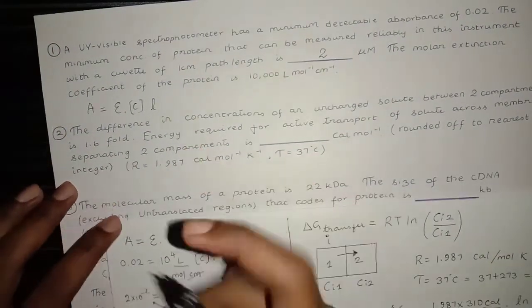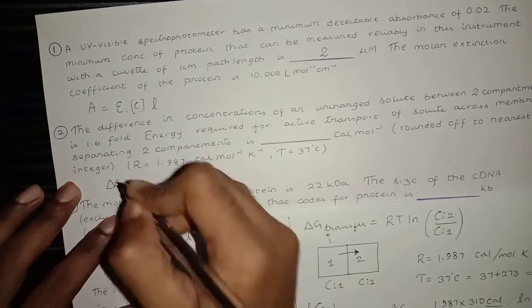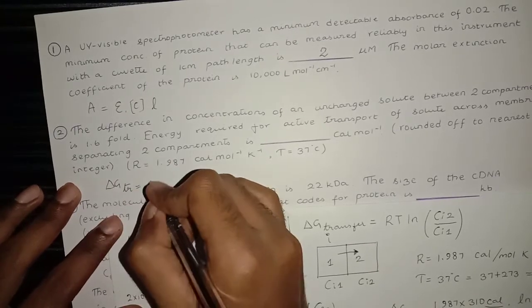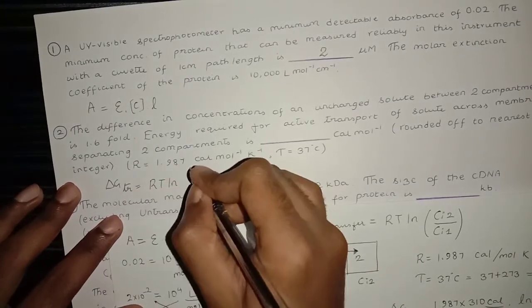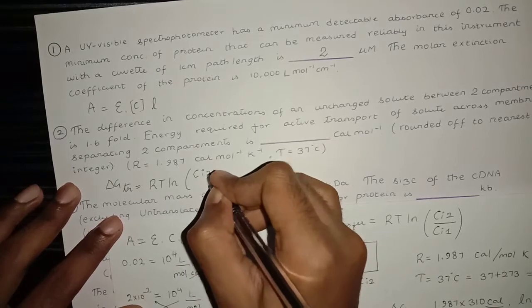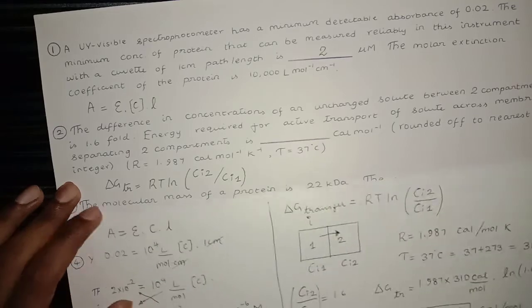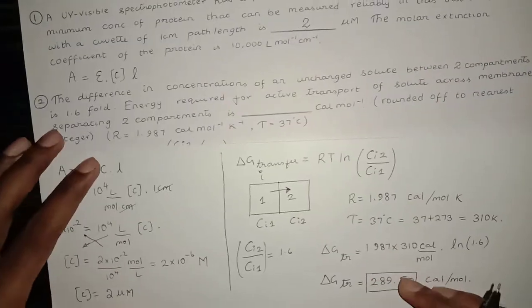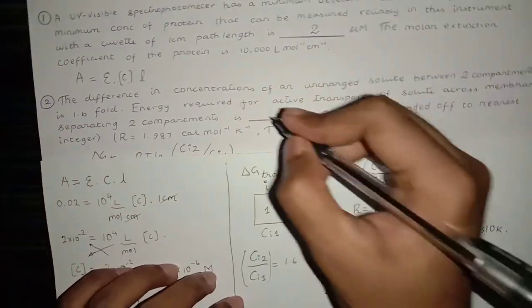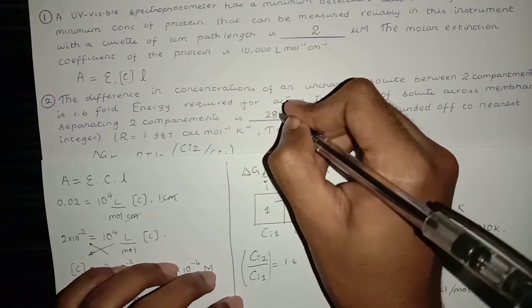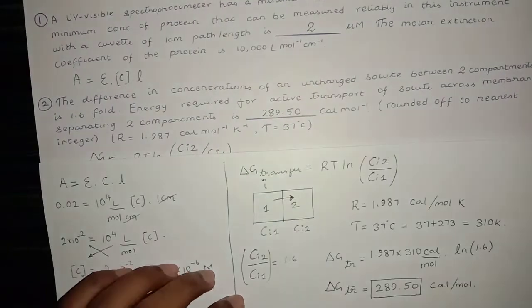And for the second problem we use the formula delta G transfer, which is equal to RT ln concentration of the solute in compartment 2 over the concentration of solute in compartment 1, and we got the value delta G is equal to 289.50.